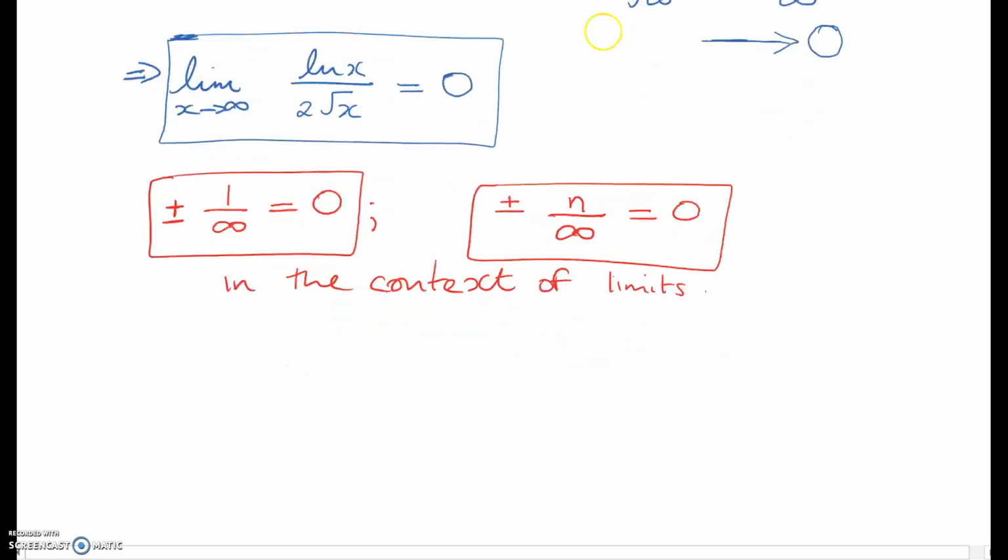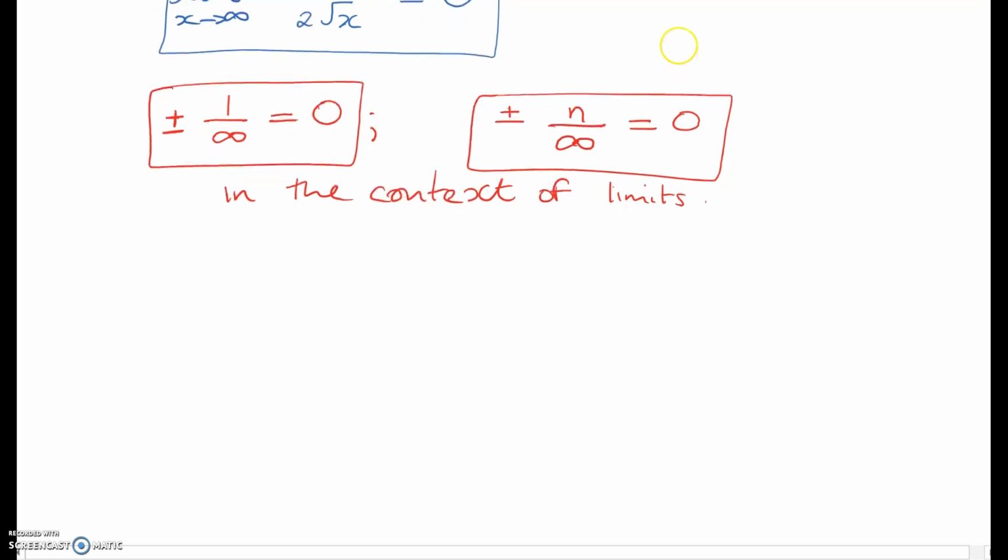We can look at that in a little bit more detail. We won't spend too much time on it, but if you want an explanation for that, let's think about this function here. Let's say we take a function 1 over x, a very simple function, and let x get bigger and bigger, closer and closer to infinity. So 1, 10, 100, 1000, 10,000.